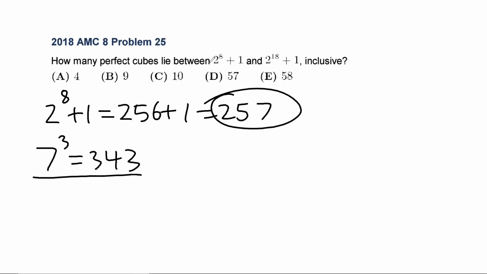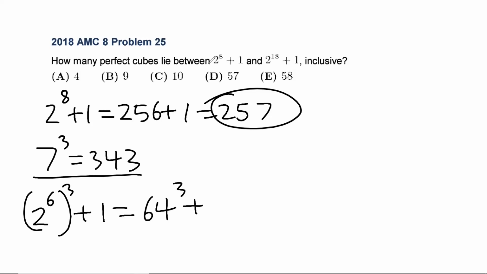Well, 2 to the 18 plus 1 can be written as 2 to the 6 cubed plus 1, which is equal to 64 cubed plus 1. So this is just slightly above 64 cubed, which means the last cube that works is 64 cubed.